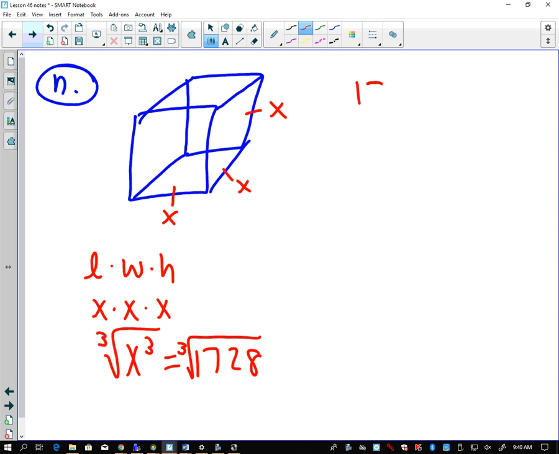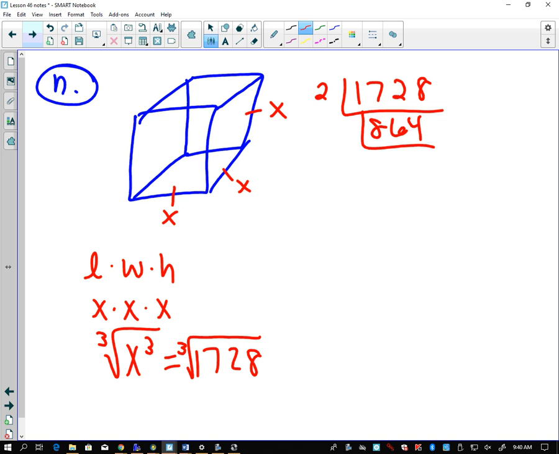Now, let's try to do this without our calculator. Is there any way for us to find the cube root of 1728 without making our calculator do it? What could I divide 1728 by? I could divide it by 2. Okay, what do I get? You're all trying to do it inside your head. Somebody double check that. 864.